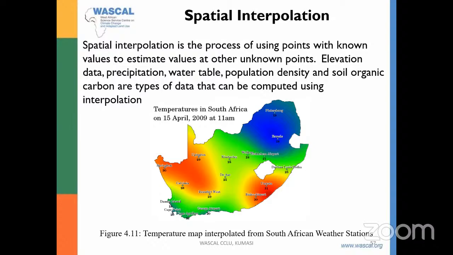The carbon stocks that have been estimated from the labs serve as attribute information, and within a GIS platform, we can perform this interpolation to estimate how the carbon stock is distributed for the entire study area. So this is more computer-based, and this is an example of temperature map interpolation from South Africa weather stations.